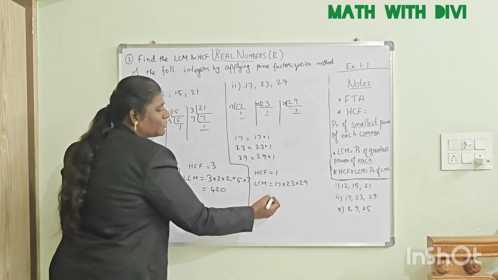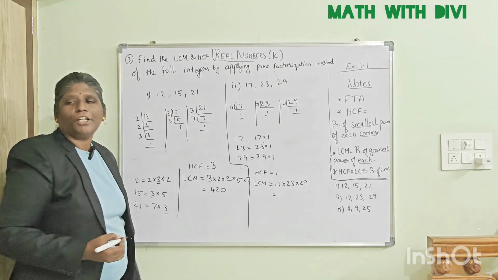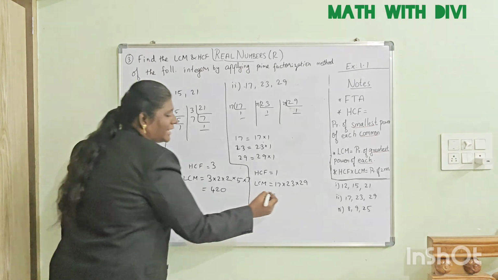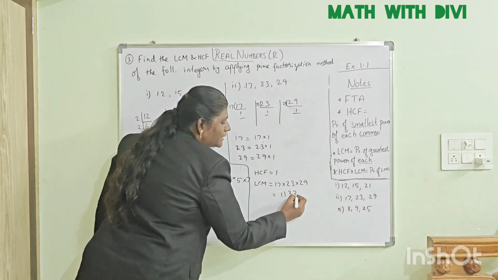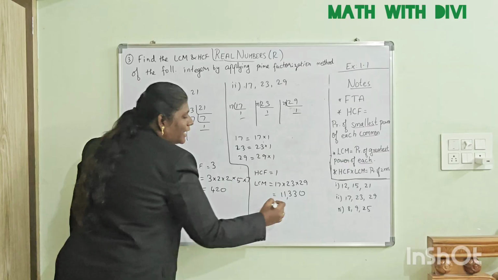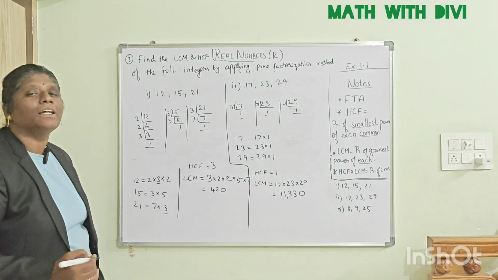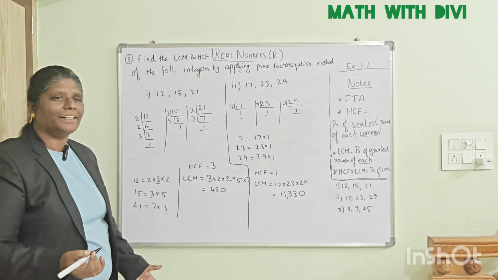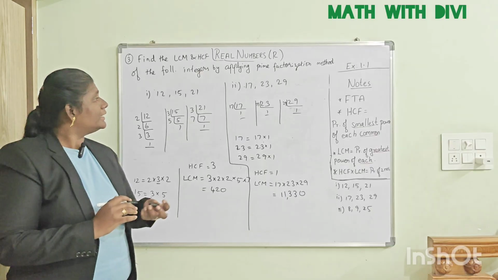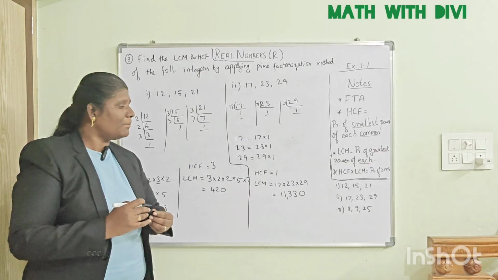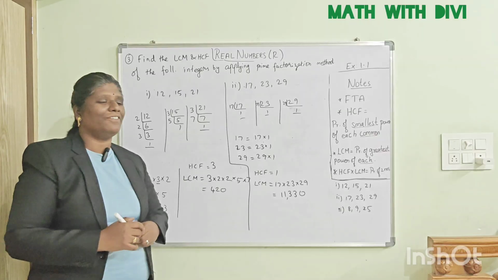Multiplying with 1 gives the same number. If we multiply that, the answer is 11,330. So HCF is 1, LCM is 11,330.